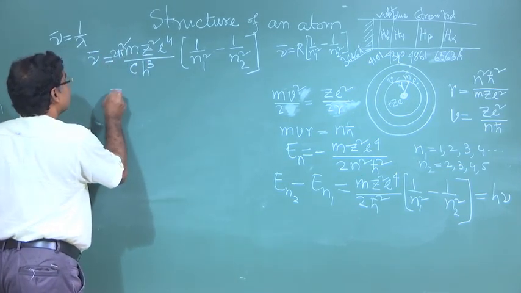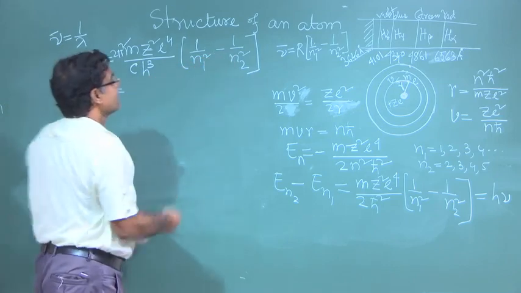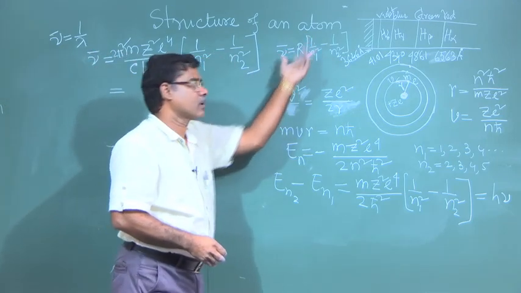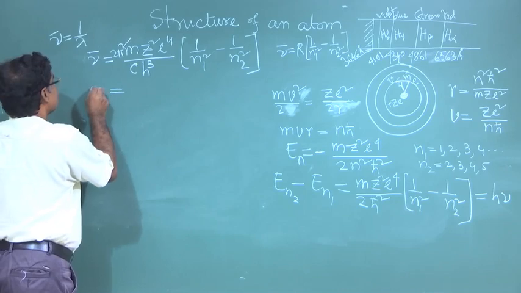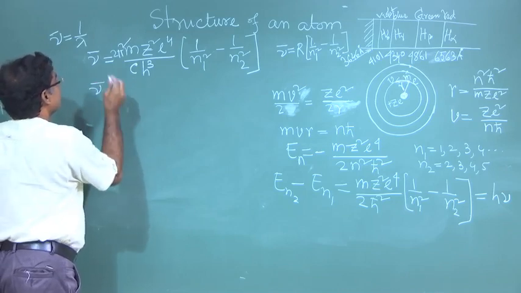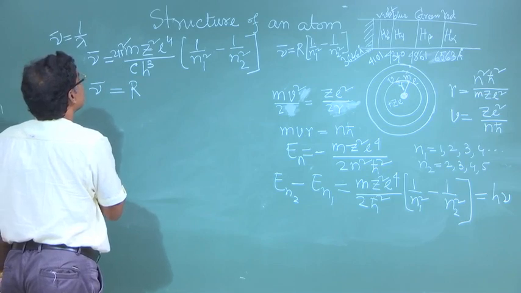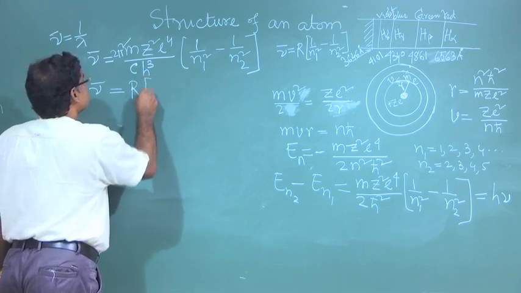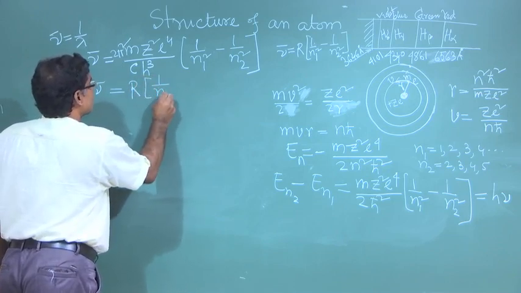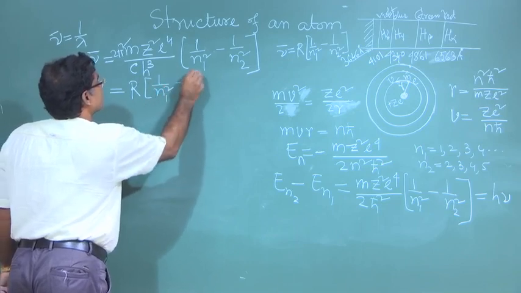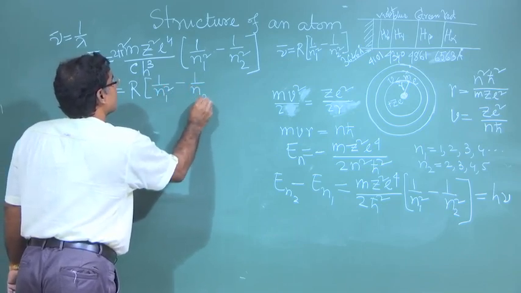Now to compare with the Balmer empirical formula, nu bar equal to R into 1 by n1 square minus 1 by n2 square.